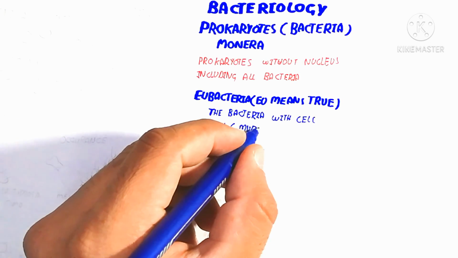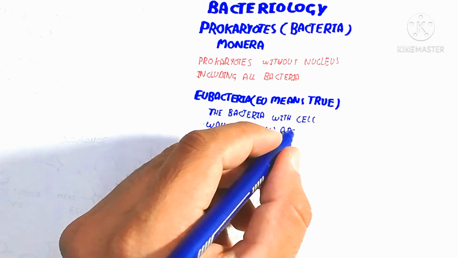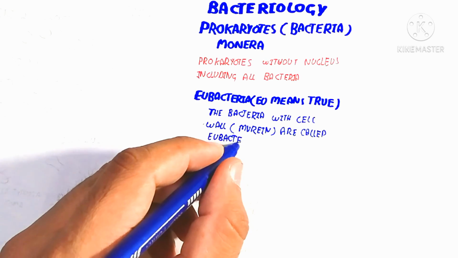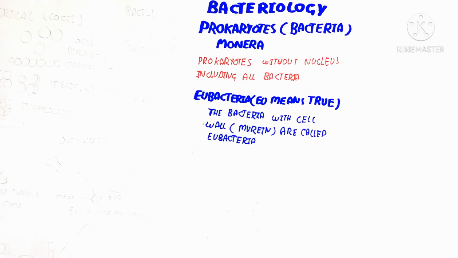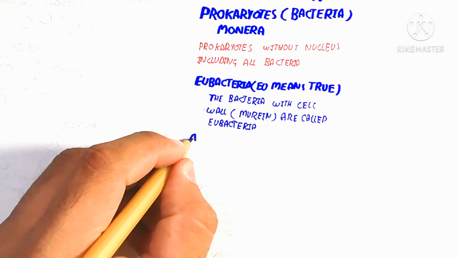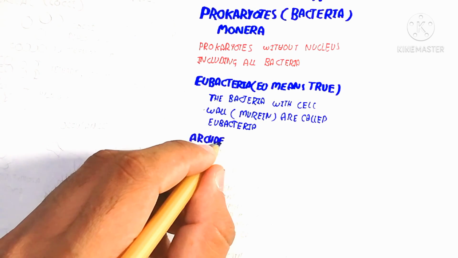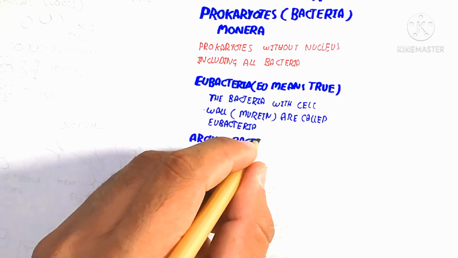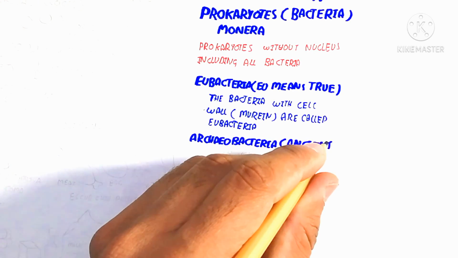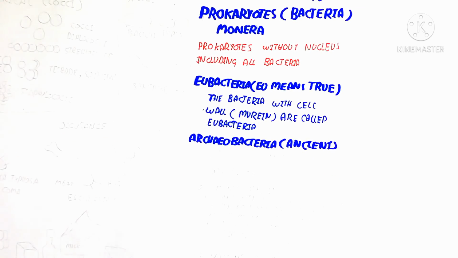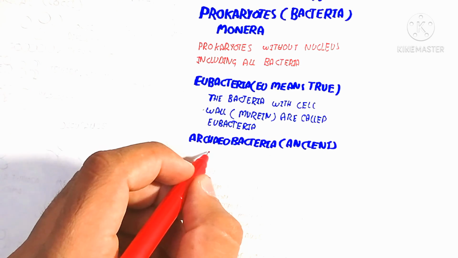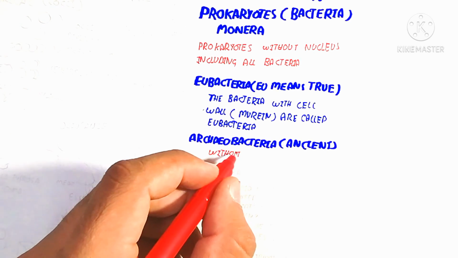On the other hand, archaeobacteria means ancient, from the old time when they developed, and they are without a murein cell wall. It is also known as false bacteria because it is not true. Here we will discuss bacteria without a murein cell wall.